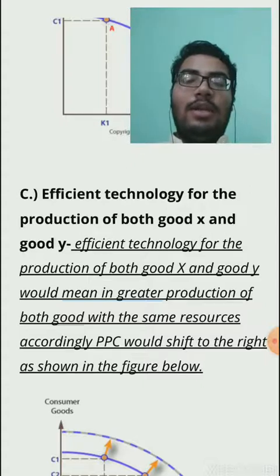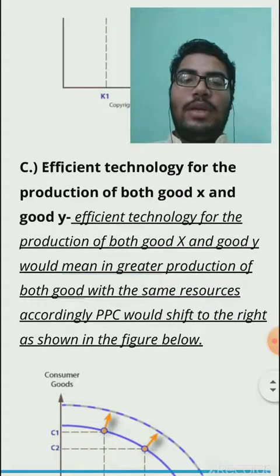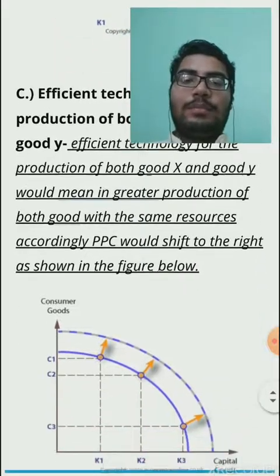Now what are the implication and what will be the shape of production possibility curve if the level of technology which is used in production of both the goods increased simultaneously? Then efficient technology for the production of both good X and good Y would mean greater production of both goods with the same resources. Accordingly, PPC would shift to the right as shown in figure below.